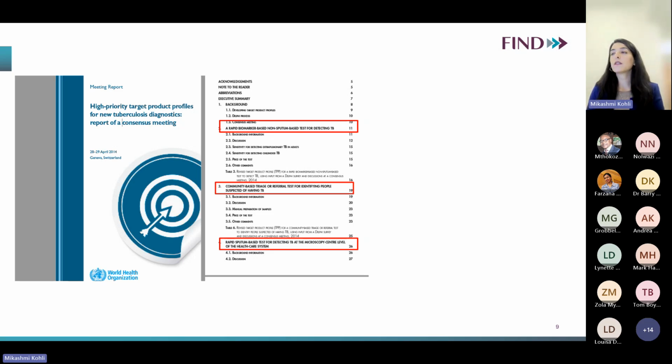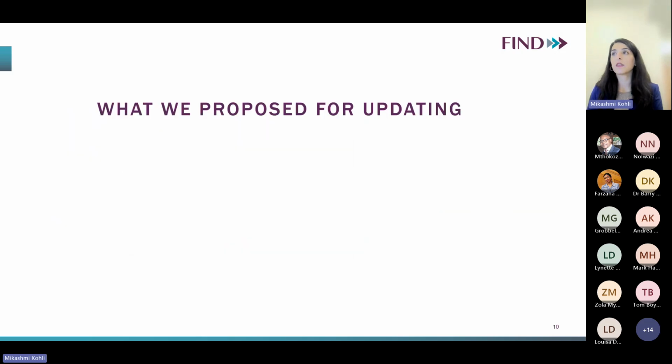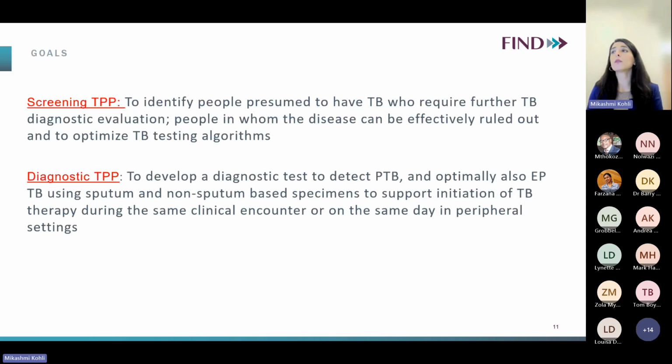So we decided and proposed that we are going to make it a leaner document and look at two scenarios. One is a screening TPP and second is a diagnostic TPP. This is what we proposed to the WHO for updating these 2014 TPPs. For screening, this is a use case that we know.